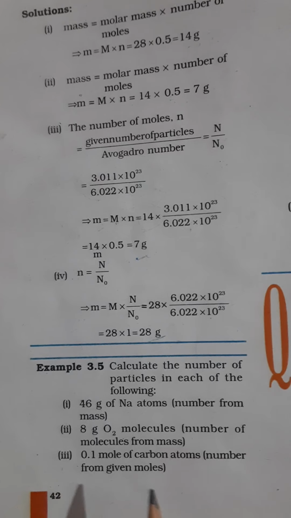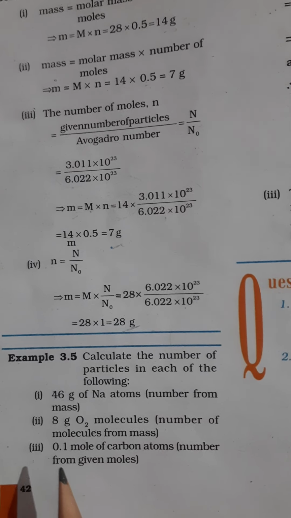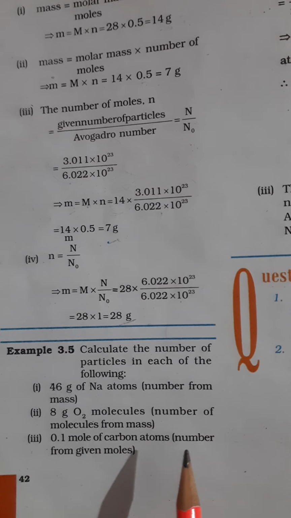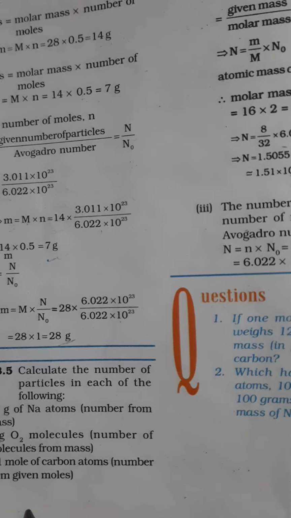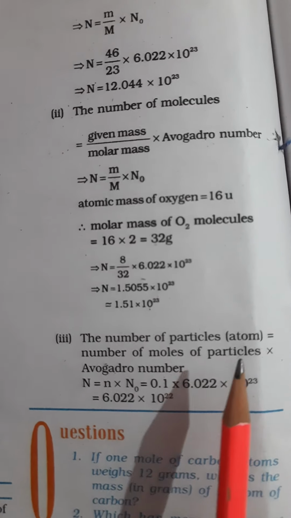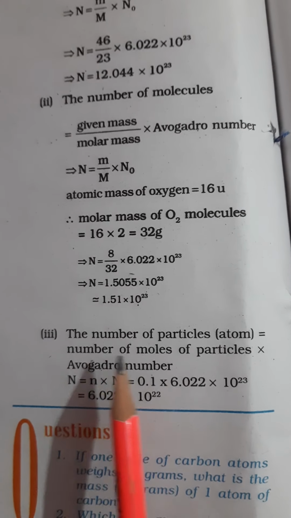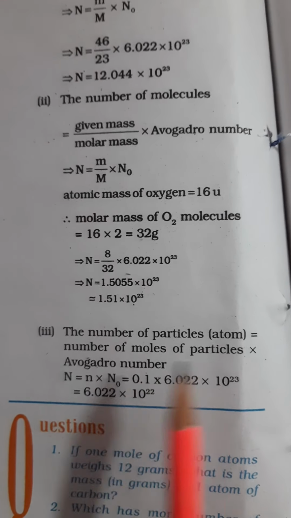Here we have the last part of this question as 0.1 mole of carbon atoms, number from given moles. The number of particles is equal to number of moles of particles into Avogadro number.